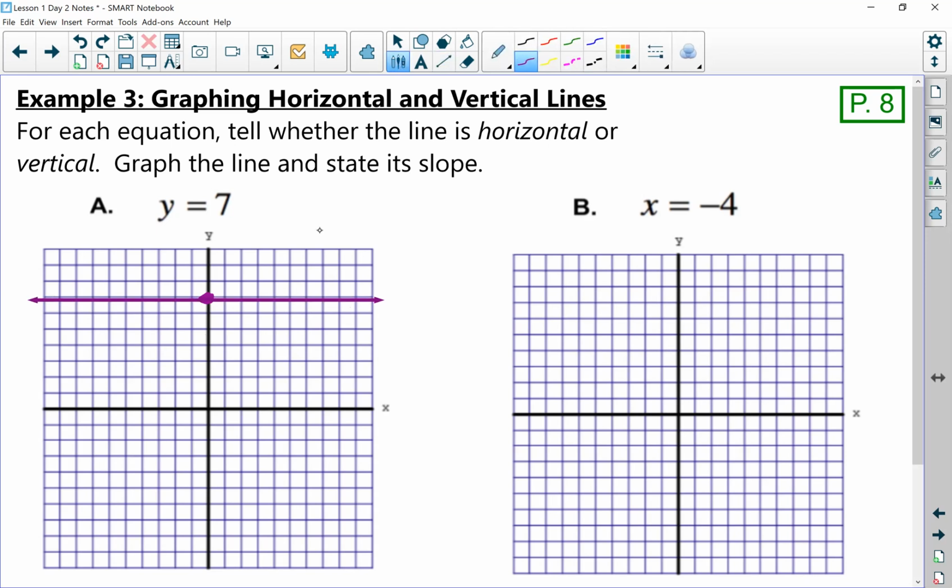This is a horizontal line, and the slope is 0.